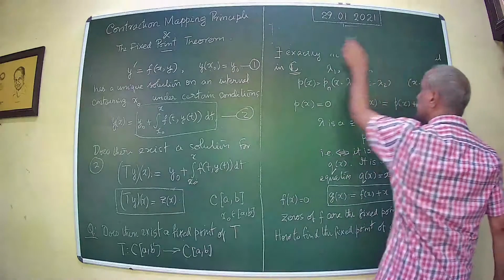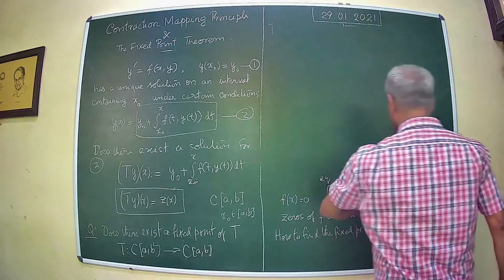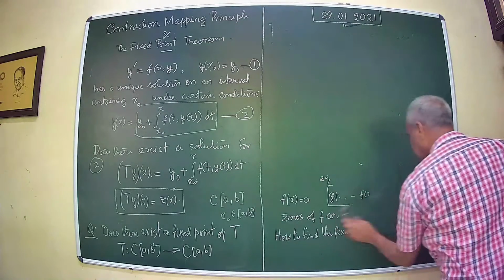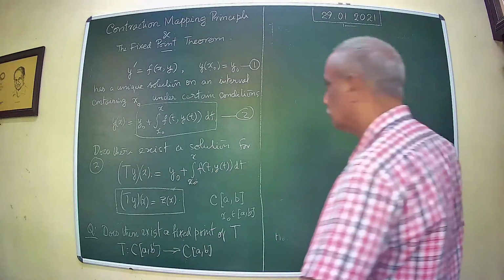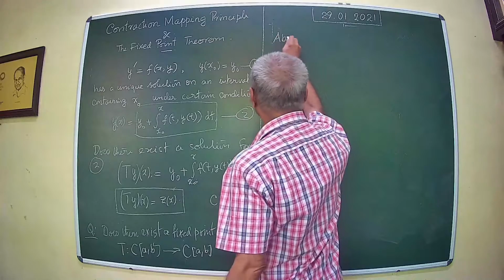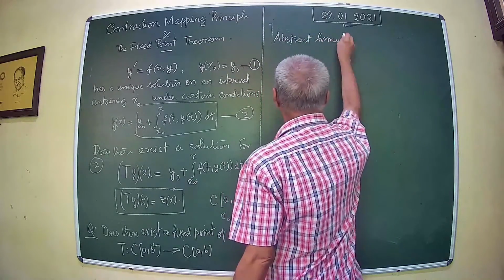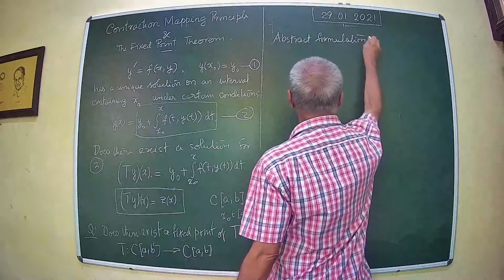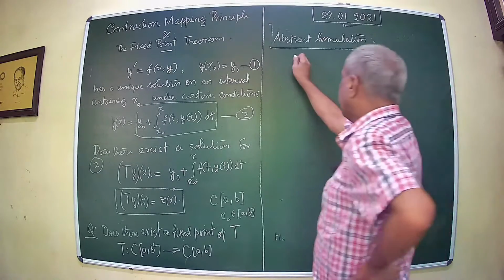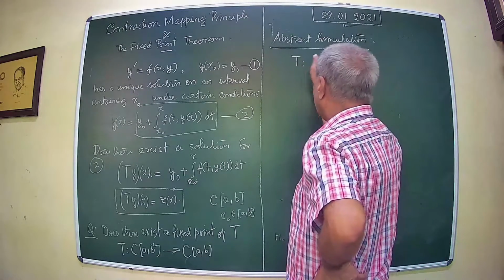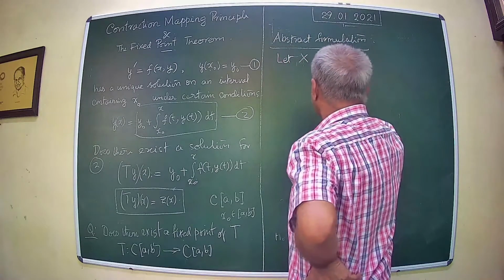Now let me abstractly formulate this. We take T as a map from, let X be a metric space.